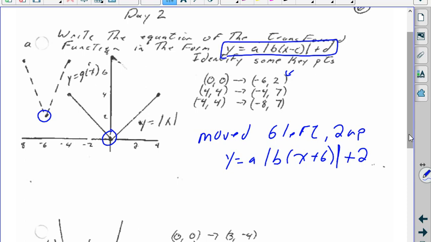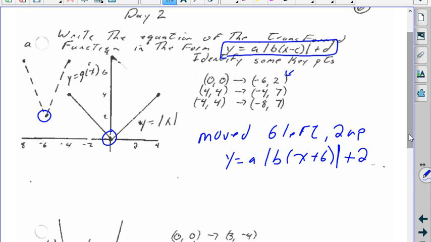Now we have to figure out the vertical stretch and the horizontal stretch. In this case, I'm going to find one. I'm going to say either I stretched it vertically or I stretched it horizontally. I'm not going to do both because that's too much. Right now we have two unknowns, and we have a couple of points here, but they don't really help us.